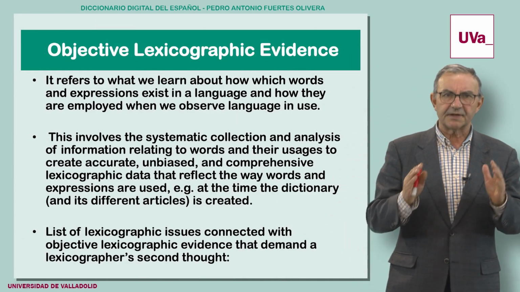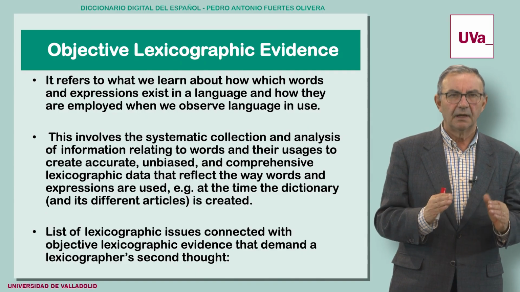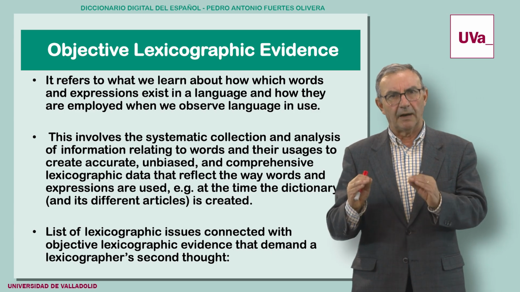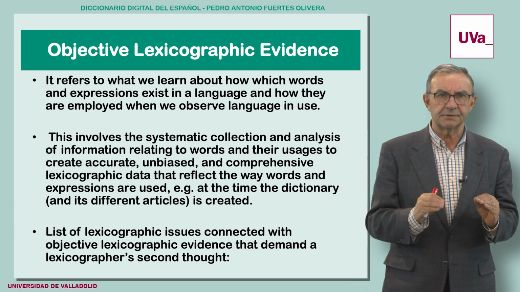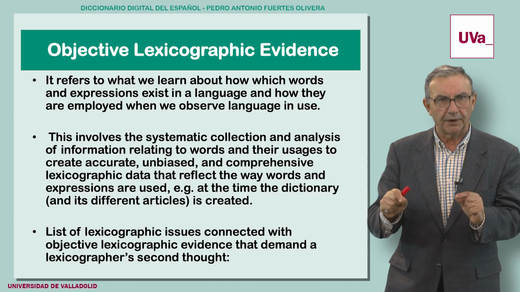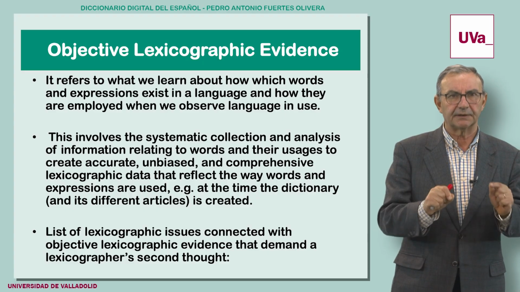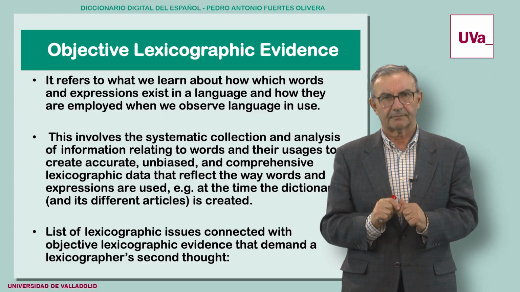And we must remember that objective lexicographic evidence refers to what we learned about words and expressions that exist in a language and how they are employed when we observe language in use, and I repeat, language in use.